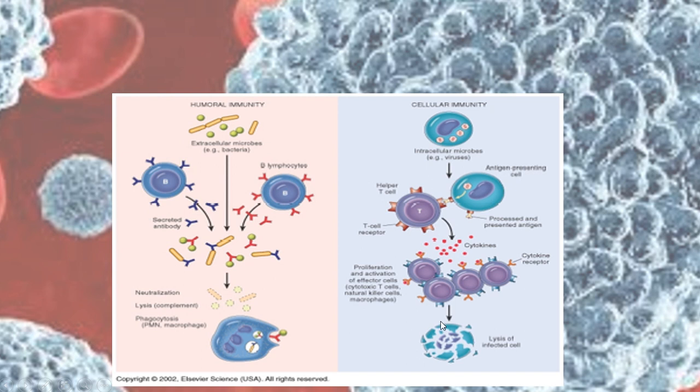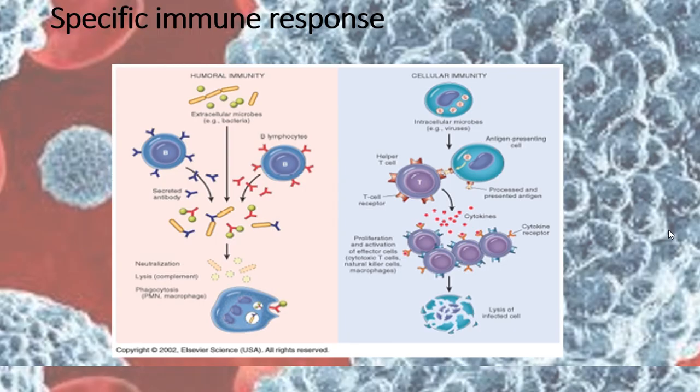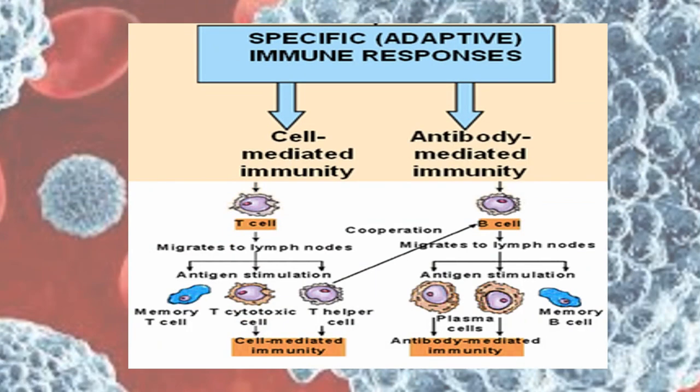And of course, you shall remember that when we talk about these two types of specific immunity, cell-mediated and antibody or humoral mediated immune responses, keep in mind that the T lymphocytes, particularly the T helper cells, are the ones that start both responses.